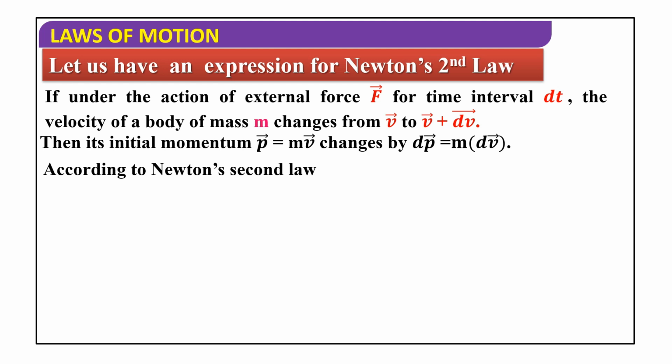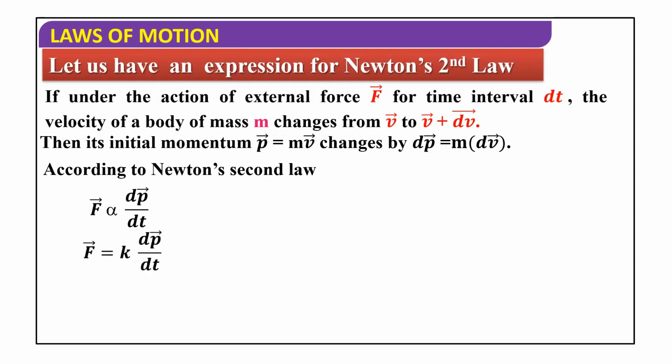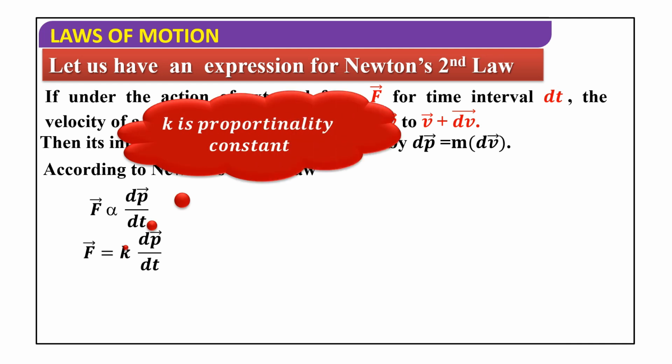According to Newton's second law, the rate of change of momentum is directly proportional to the applied external force. So F is proportional to dp by dt. If you remove the proportionality, you put a constant. So F bar is equal to k into dp bar by dt. Here k is the proportionality constant.